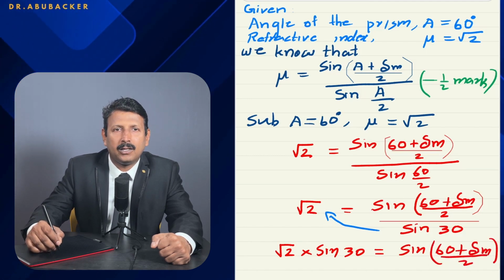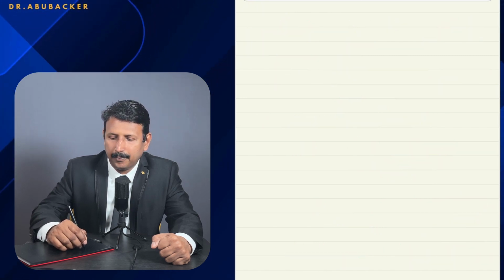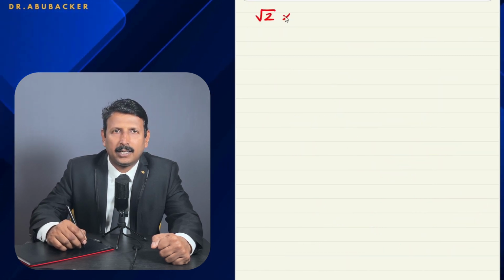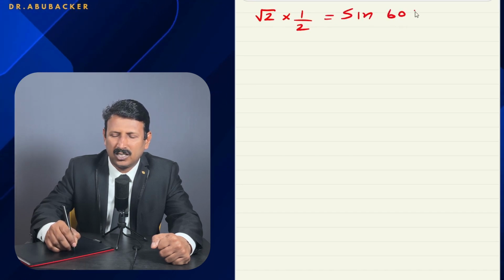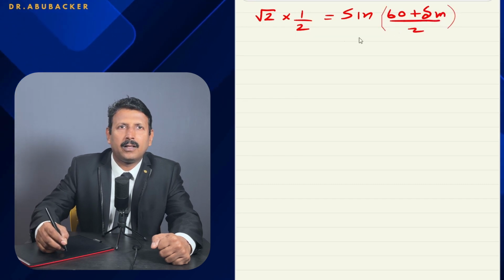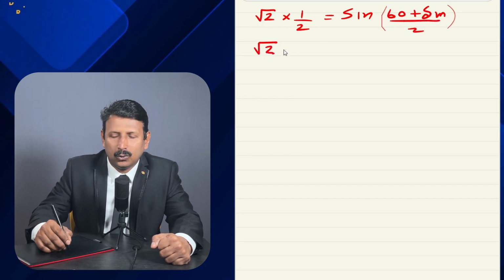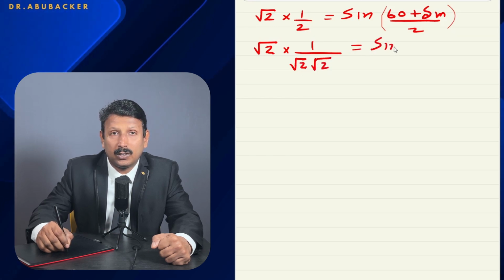In the next page we can do that calculation. We write the sine 30 value now. So √2 into 1 by 2 is equal to sine of (60 plus delta m) by 2. Now the √2 and 2: you write 2 as √2 into √2 to simplify.